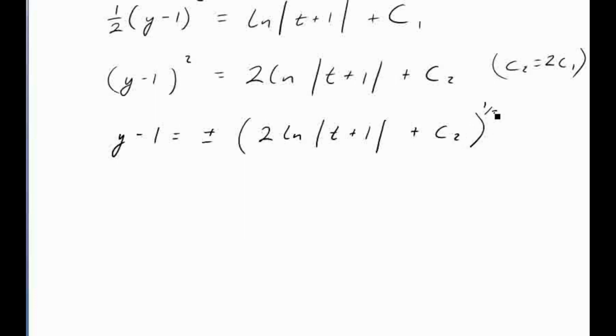So this is all to the 1/2. And that means that y is equal to 1 plus or minus the 1/2 power of 2 natural log of the absolute value of t plus 1, plus c2.